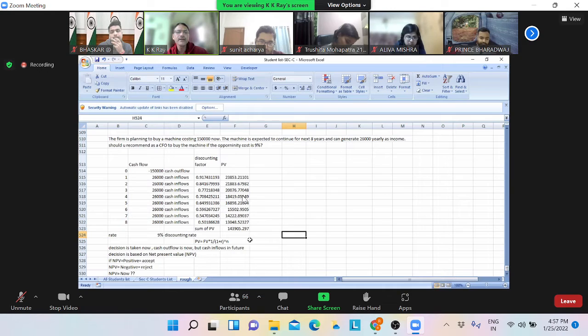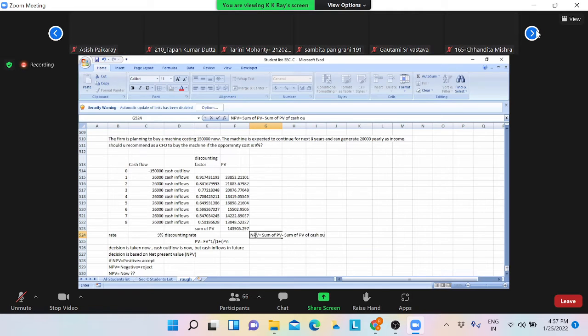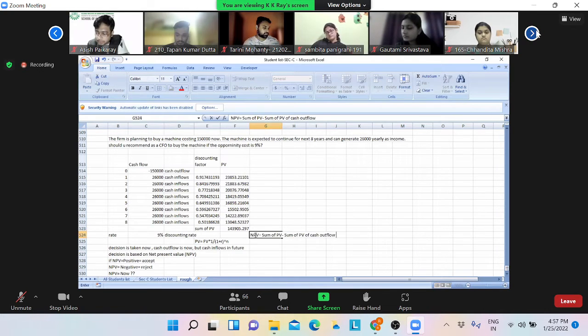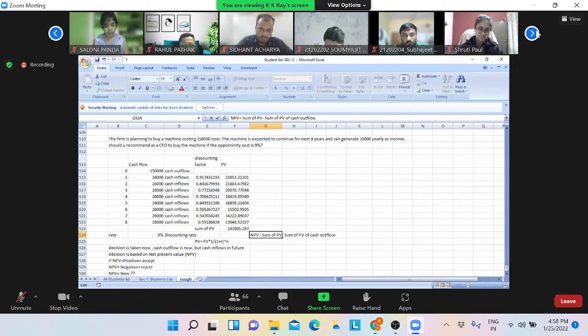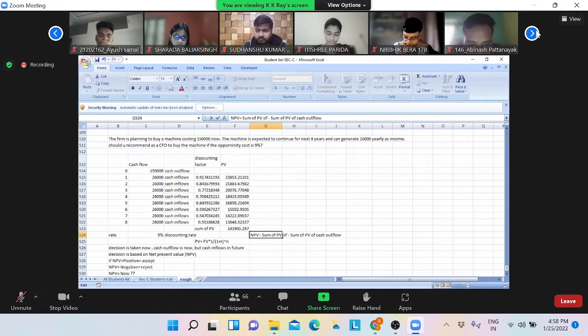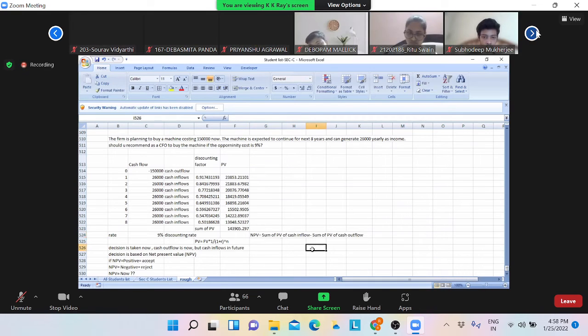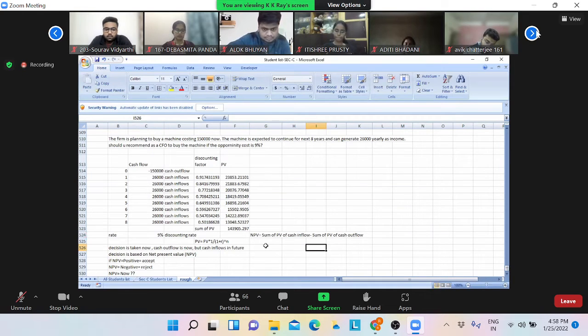NPV equal to sum of the present value of cash inflow minus sum of the present value of cash outflow.